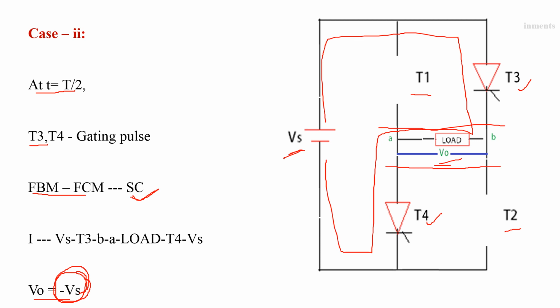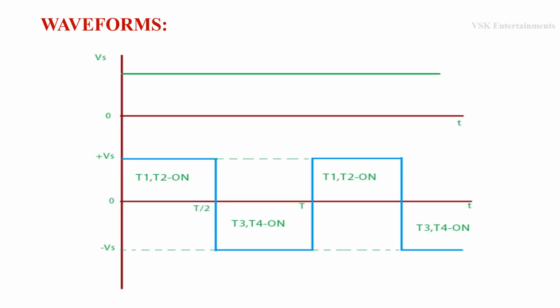By using this analysis we are going to draw the output waveforms. These are the waveforms related to above working. That is, here Vs is the input voltage and here V0 is the output voltage. Initially we are going to give the gating pulses to thyristors T1 and T2.